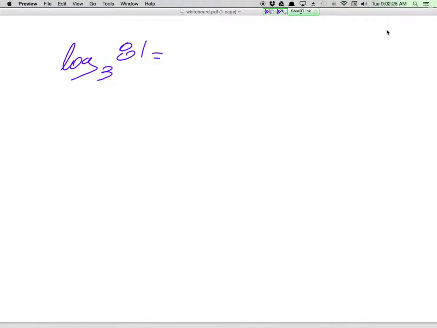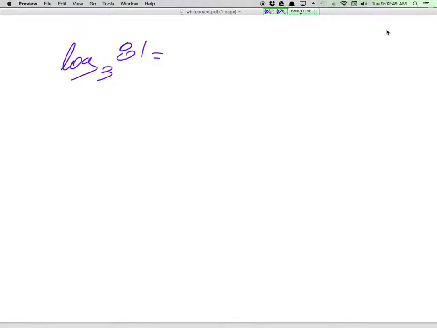It's asking me to find an exponent. How did I know that, Hunter? Because they're trying to find a y, and a log always equals an exponent. That's what I want to hear: the log always equals the exponent. So what is it an exponent of? 3, and I want it to equal 81.